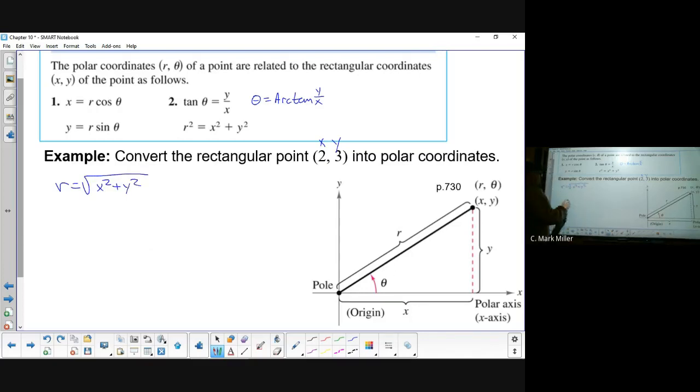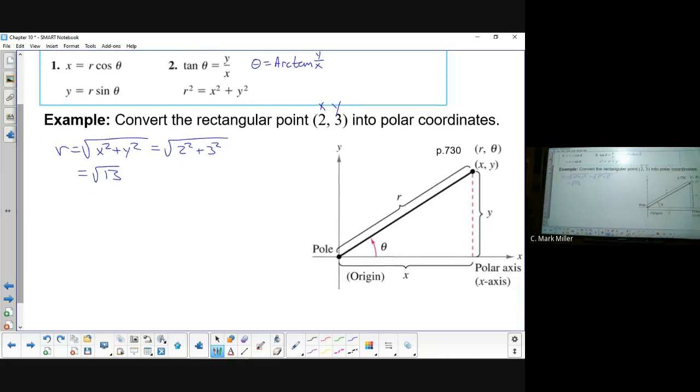And that's going to be the square root of 2 squared plus 3 squared. And that is what? Square root of 13. Theta is the arctan of y over x, 3/2.